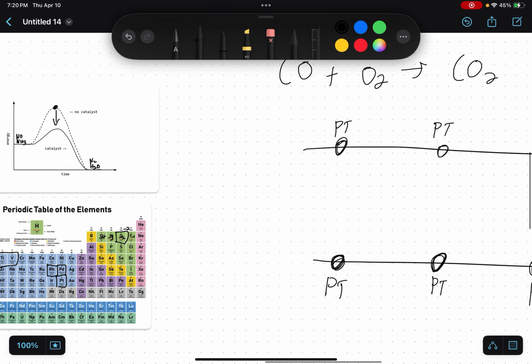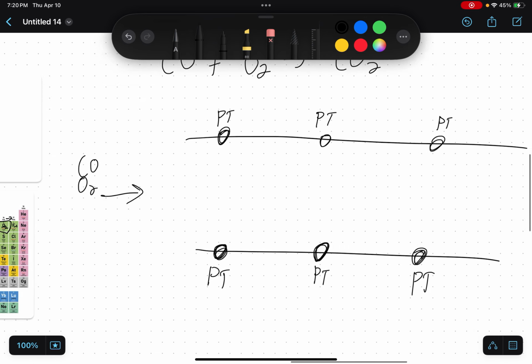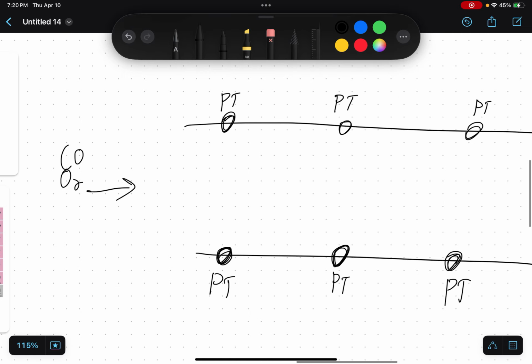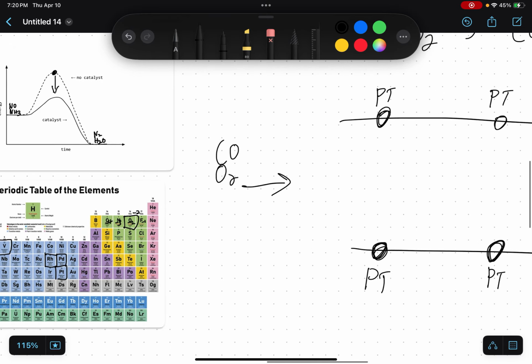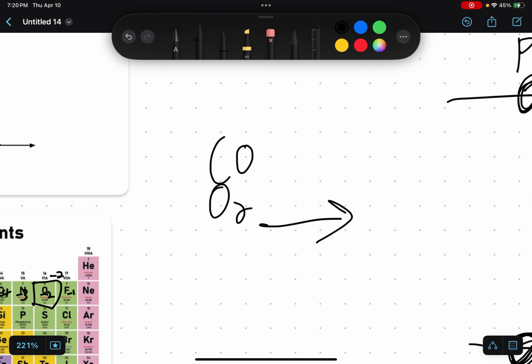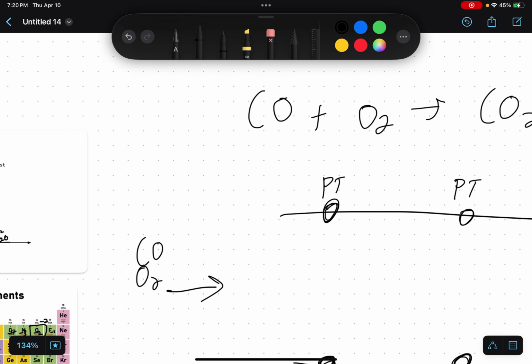So what happens? You've got your CO and your O2 coming in. And then the idea is that the platinum, well, okay, what are the charges on these? Let me look at my notes. Well, technically, I kind of messed up here a bit.